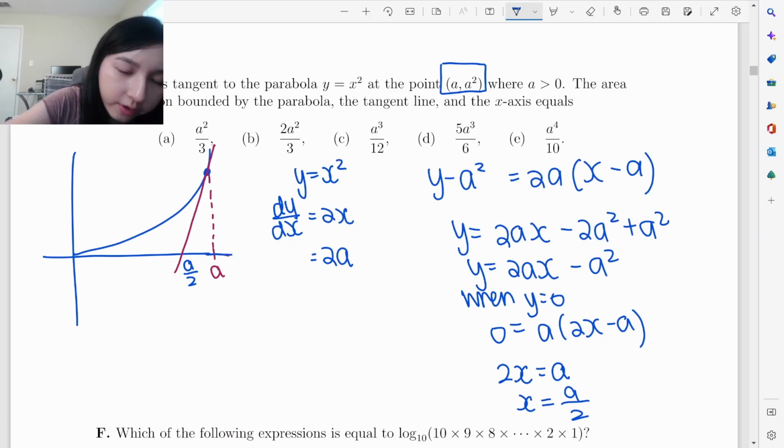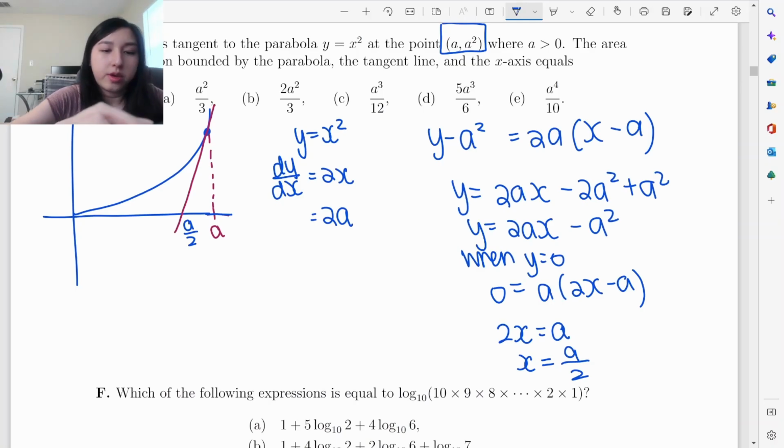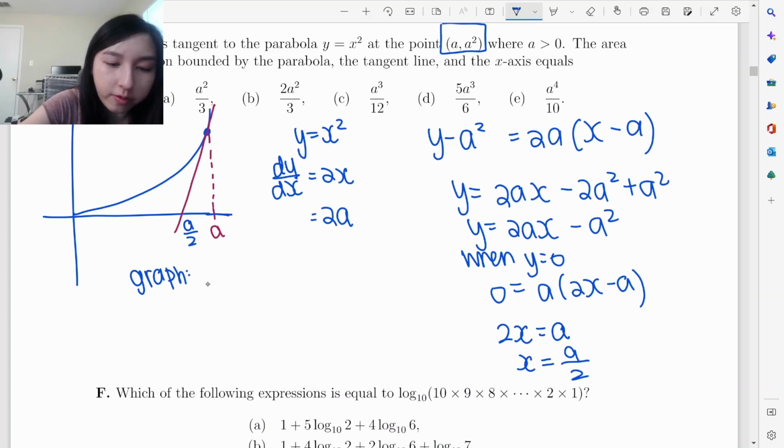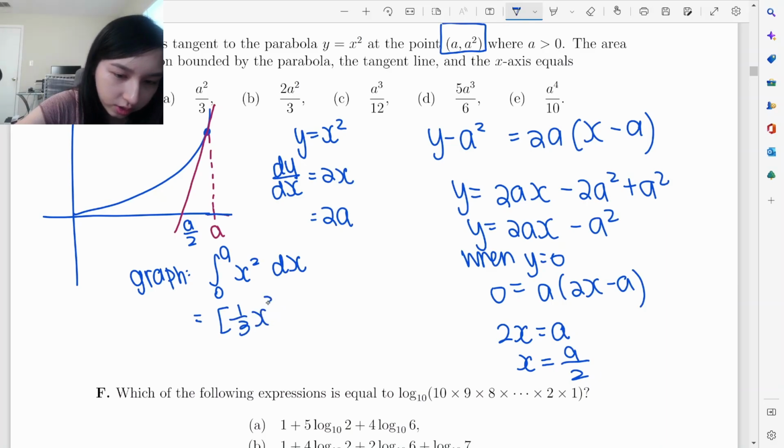We can just find the area under this graph to a and then subtract this triangle, I guess. So graph first. The graph would be the integral from 0 to a of x squared dx. If we integrate that, we get 1/3 x cubed from 0 to a.